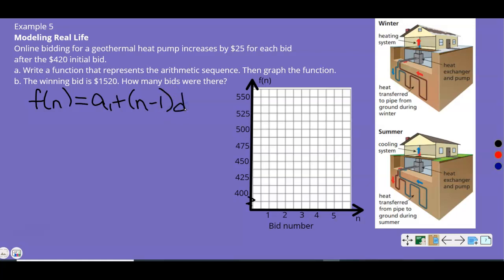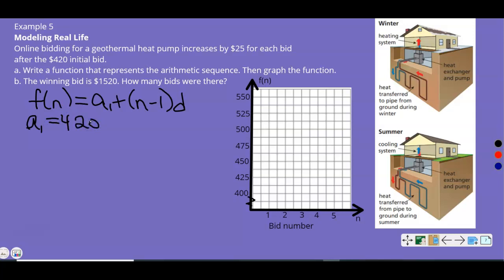It says write a function that represents the arithmetic sequence. So what are we given? The heat pump increases by $25 for each bid after the initial bid of $420. So the initial bid would be your first term: $420.